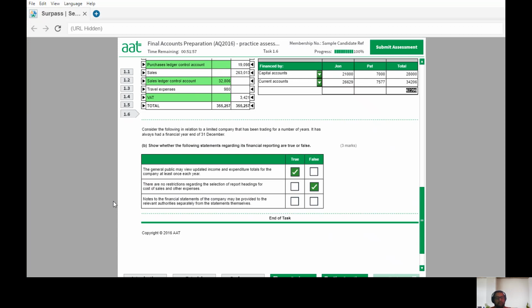Next one: notes to the financial statements of a company may be provided to the relevant authorities separately from the statements themselves. On the statements, they don't have to itemize everything individually. They can put them into certain categories and leave the information redacted, but for the authorities, they can submit an itemized breakdown, which makes sense.